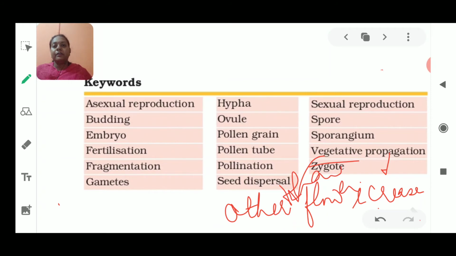Other than the flower, what is left in the plant? We have leaves, stem, and root. All these are counted under the heading of the vegetative parts, and the flower will be counted under the heading of the reproductive part.